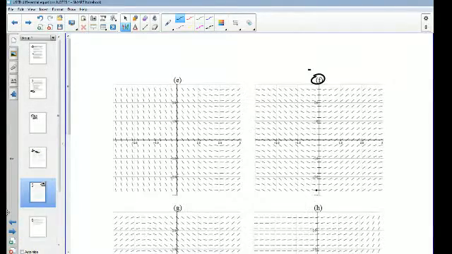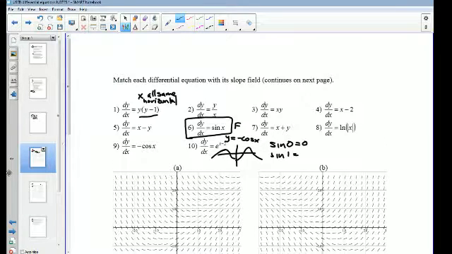Do you think you can handle those? Honestly, the multiple choice here is harder than generating a slope field, just because you have to choose, right? Take a look at this one here. At the point 0, 0, my slope is 0, correct?